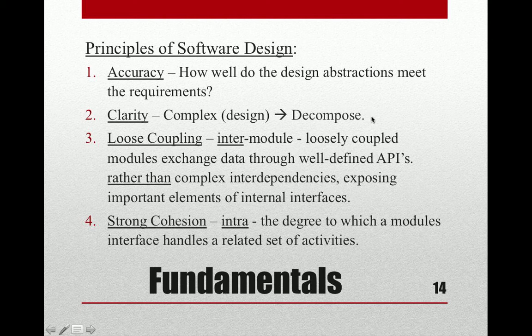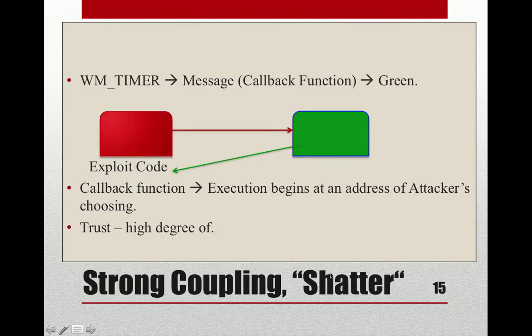Loose coupling is really the goal here, through well-defined APIs rather than complex interdependencies. And strong cohesion is intra-module, meaning within one module, while loose coupling is inter-module, between 2 different modules.